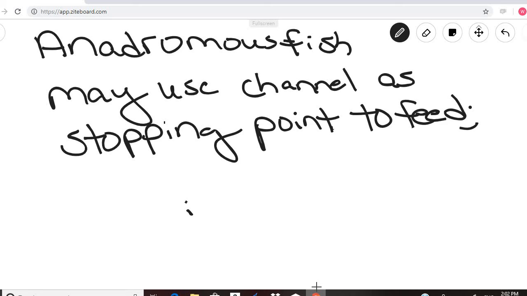but it also helps them to adjust to changes in salinity.